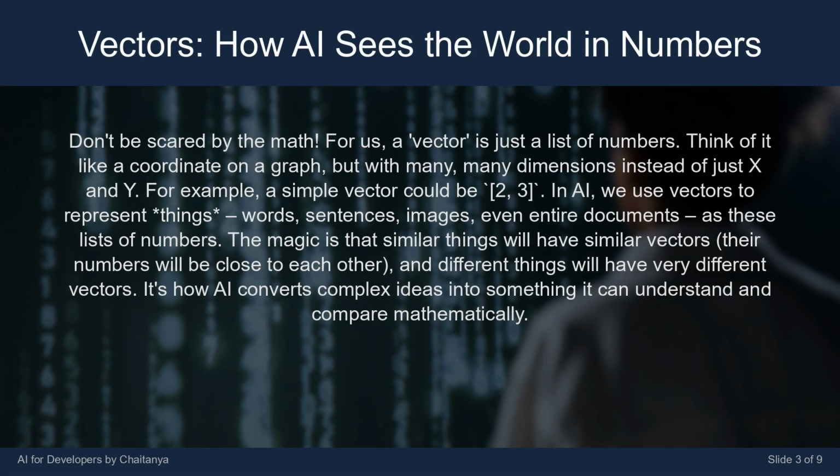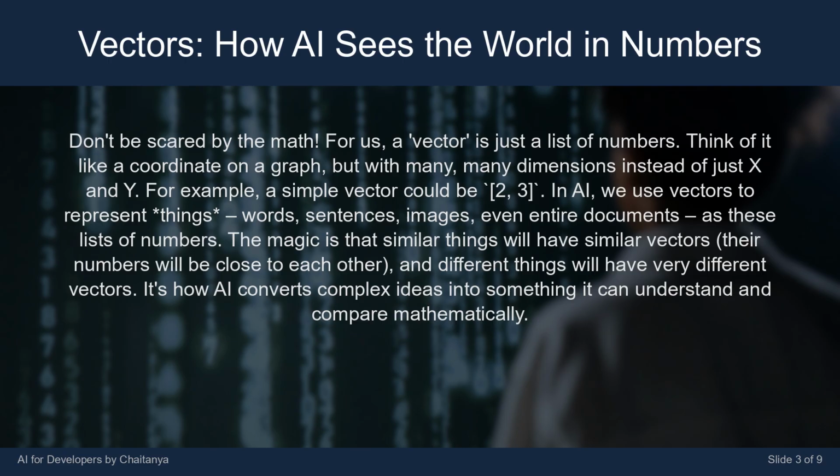Don't be scared by the math. For us, a vector is just a list of numbers. Think of it like a coordinate on a graph, but with many, many dimensions instead of just x and y. For example, a simple vector could be `[2, 3]`.